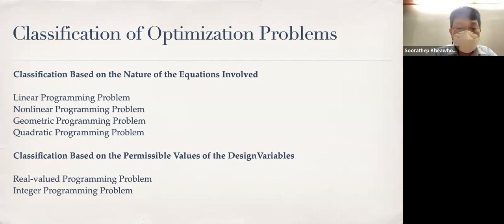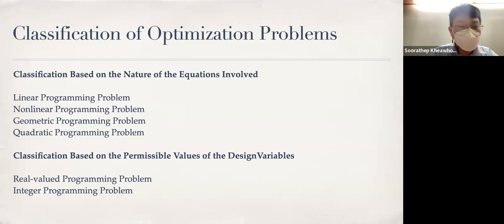Classification based on the permissible values of the design variables. For example, if your decision variable can be only integer, of course, we call it integer programming. You know integer, right? 1, 2, 3, 4. It cannot be 1.3.